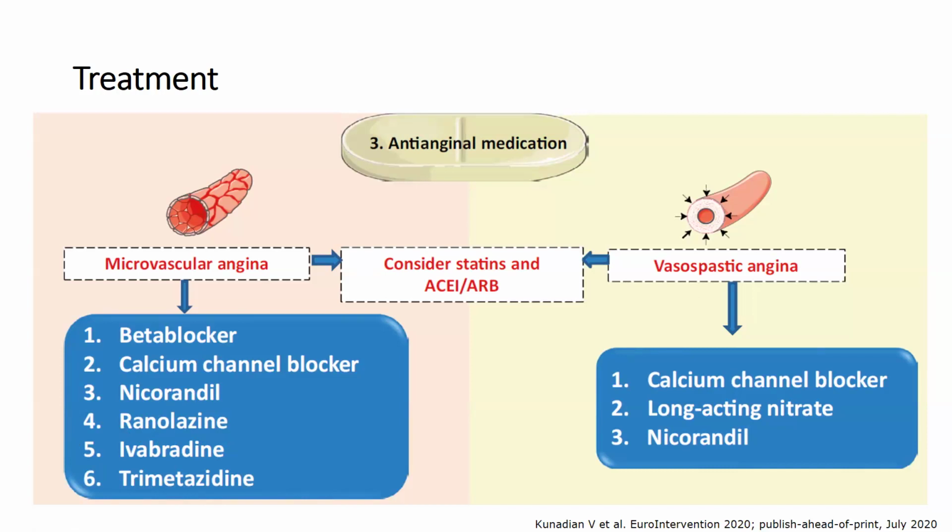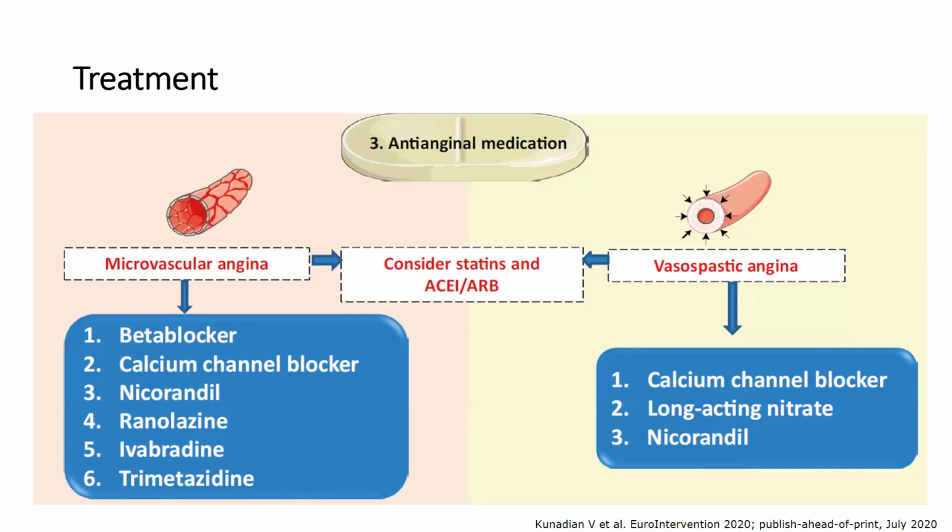It depends on the results of the test, because when we have a type 2 myocardial dysfunction, microvascular disease, so the IMR is more than 25 or CFR is less than 2, I prefer beta blockers and ACE inhibitors, and trimetazidine as a second choice.